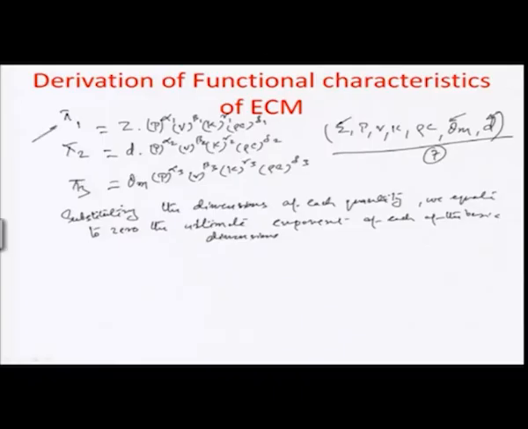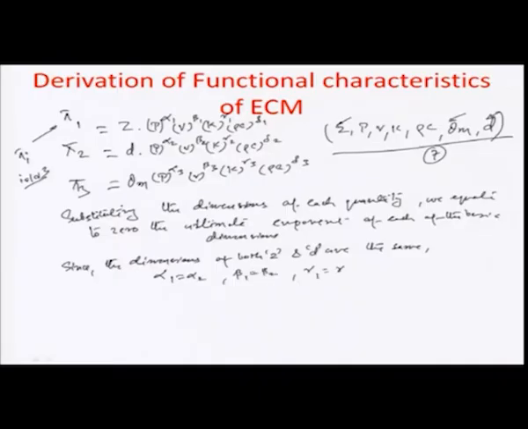We can call these set of pi's pi i, with i varying from 1 to 3, and since the dimensions of both z and d are the same, alpha 1 is equal to alpha 2, beta 1 equals beta 2, gamma 1 becomes gamma 2, delta 1 becomes delta 2.